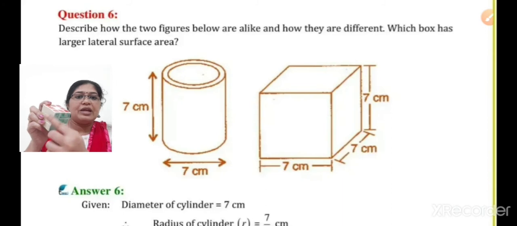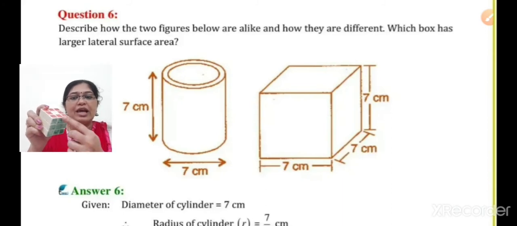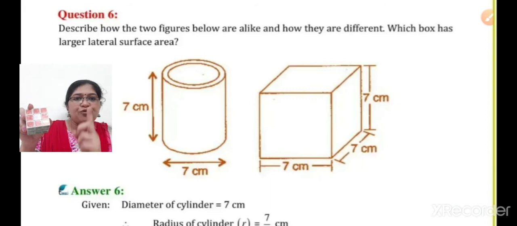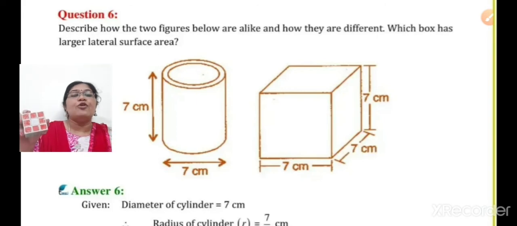The perimeter of the square is 4L, that is L plus L plus L plus L. The perimeter of the square is 4L, into height, one more L. That is 4L into L, equal to 4L square, the lateral surface area of the cube.